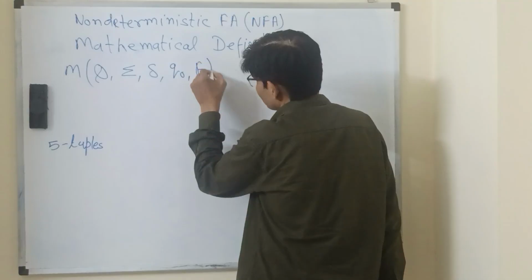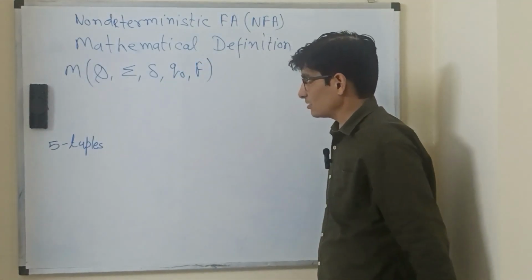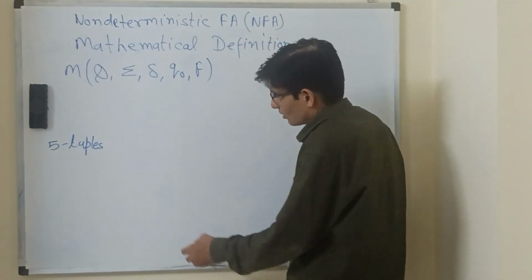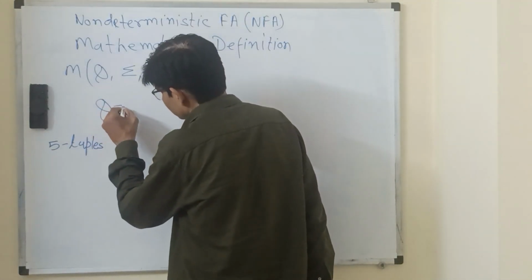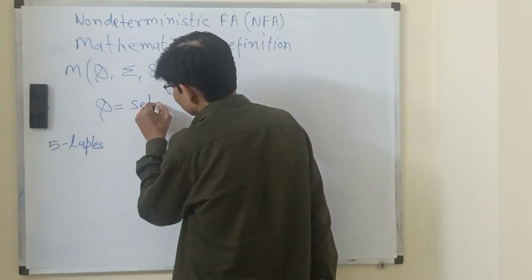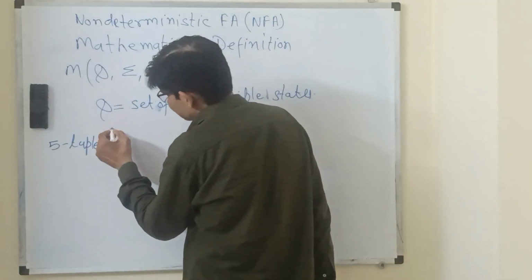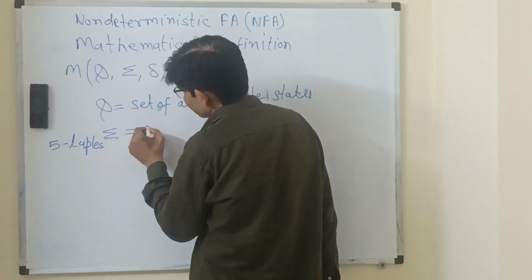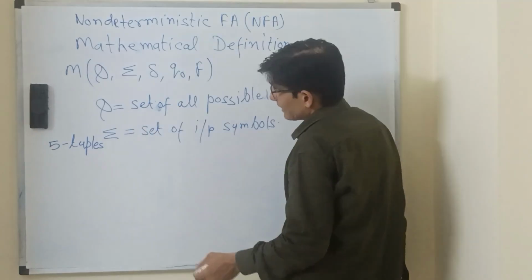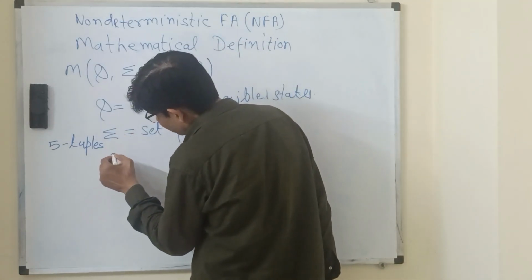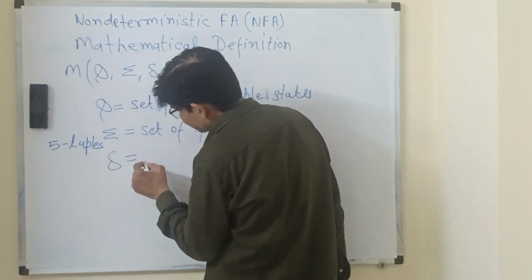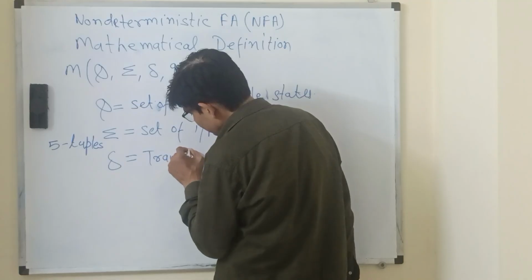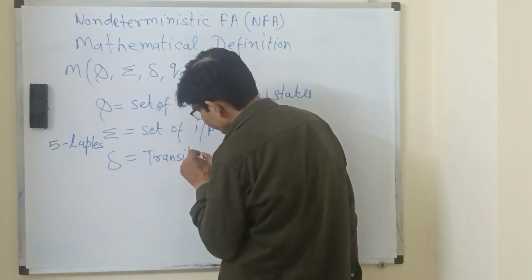As in DFA, capital Q represents the set of all possible states. So here also it is the set of all possible states. Then sigma is the set of all input symbols. Then delta is the transition function, and this is the only difference between NFA and DFA.